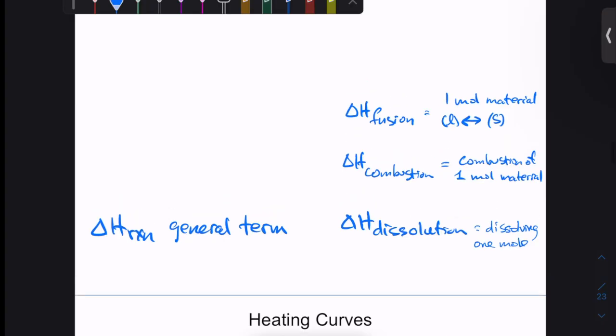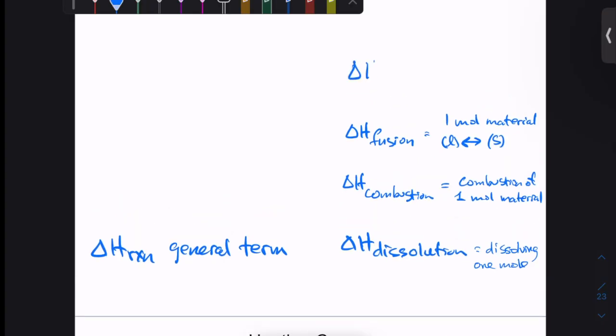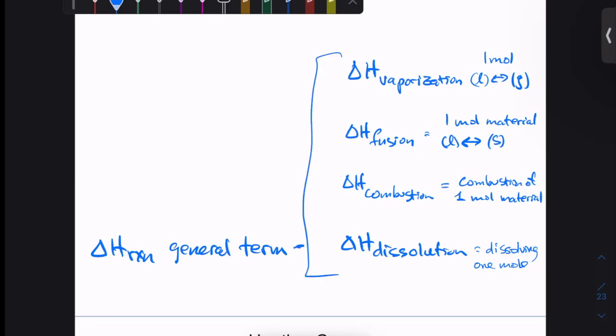We can also describe a delta H of vaporization. That's going to be for 1 mole of material that goes between the liquid and the gaseous state. And there's others as well, okay? But they all go under the umbrella of delta H of reaction. We're just going to specify.